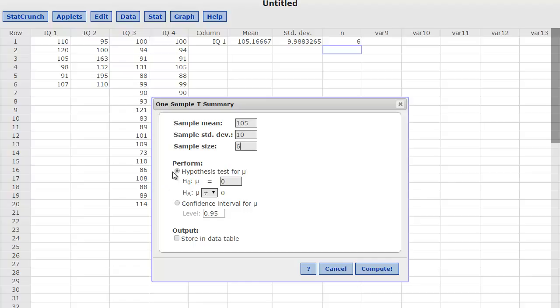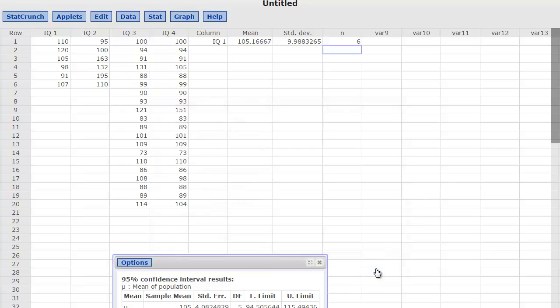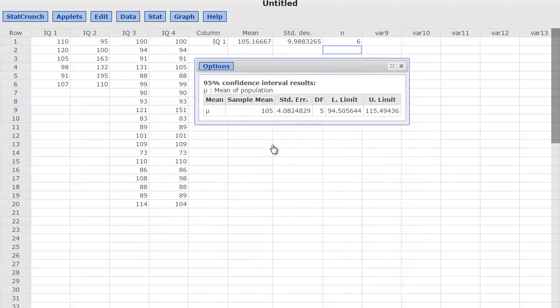Now I'm going to change it from a hypothesis test to a confidence interval, and I'm just going to leave it as 95. I rarely store this in the data table. I don't think the formatting looks as pretty as leaving it as the pop-up box. So I'm going to click compute now, and my box comes up, and you'll see the sample mean is the same.